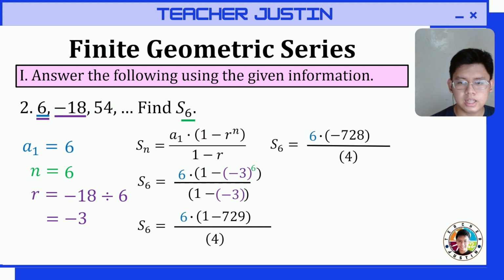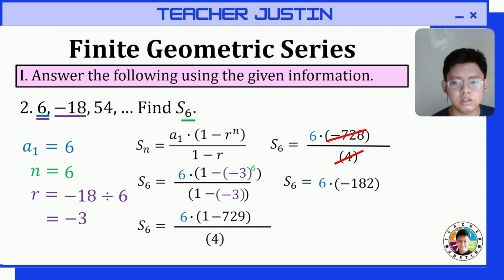Let's divide negative 728 by 4. That will give us 6 times negative 182. Now, let's multiply 6 and negative 182. That will give us the sum of the first 6 terms of our geometric sequence, which is equal to negative 1,092. And that's it. Ta-da!